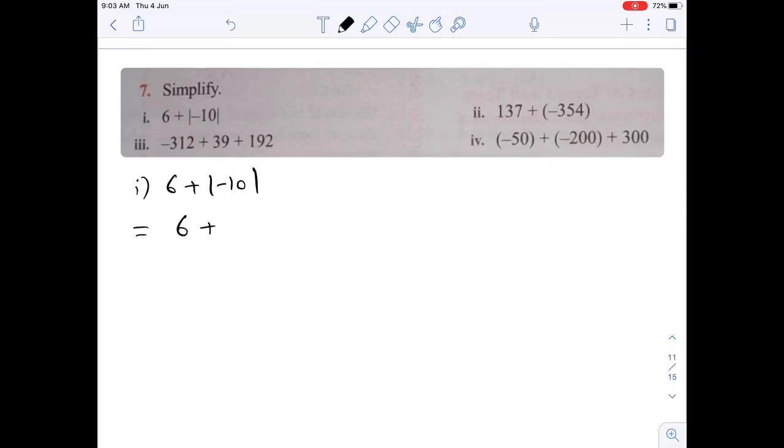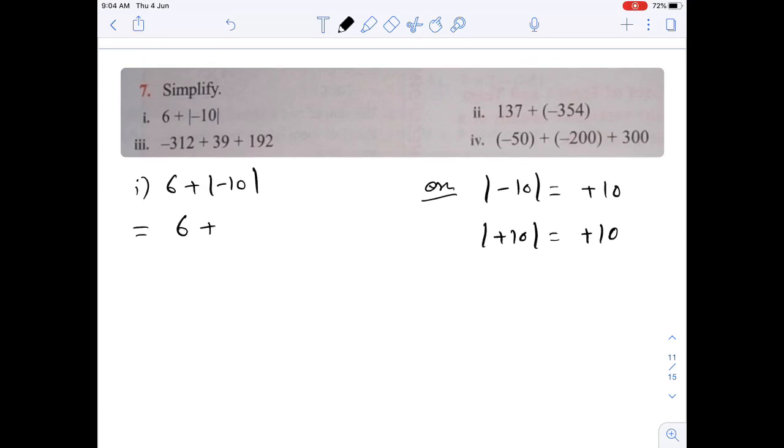plus. Now there is a rule for mode: if there is a minus number inside, then also we write it plus. If plus is present, then also we write it plus. For example, mode of minus 10, let me write it once again. So mode of minus 10 is plus 10 and mode of plus 10 is also plus 10.